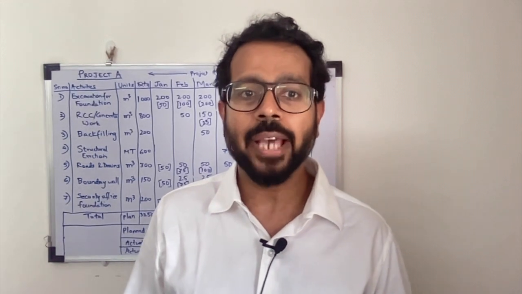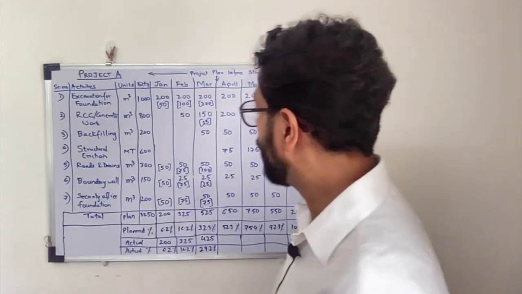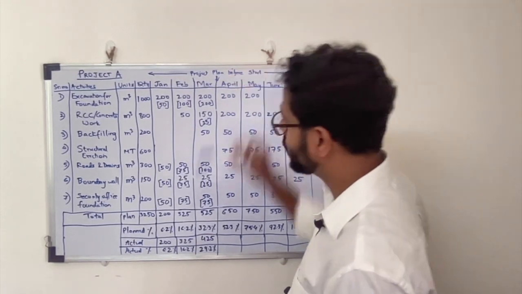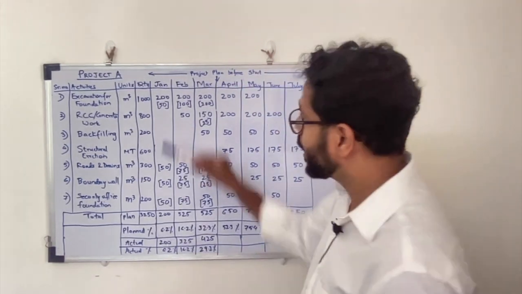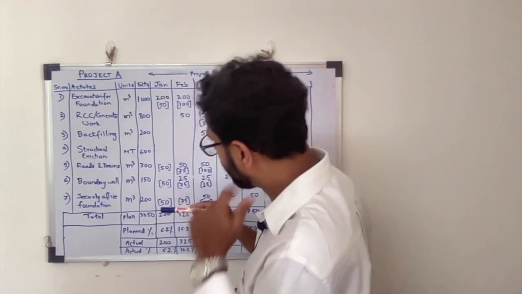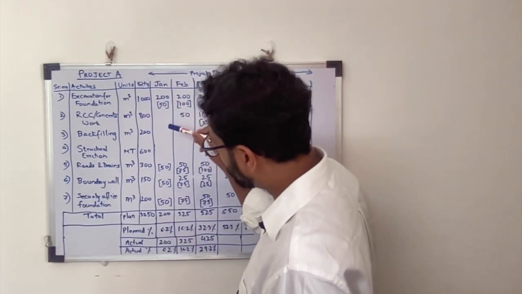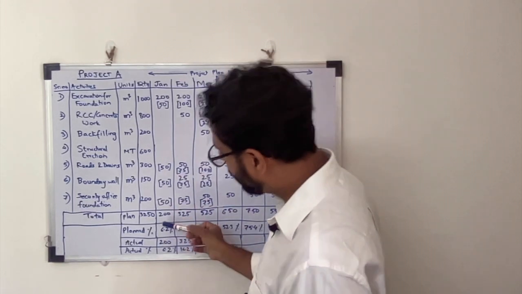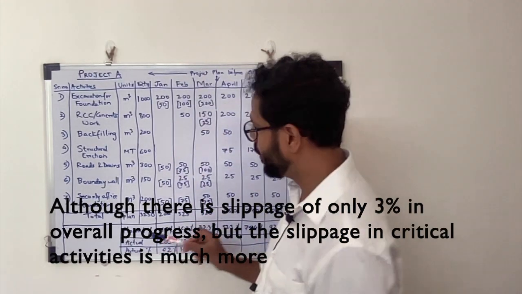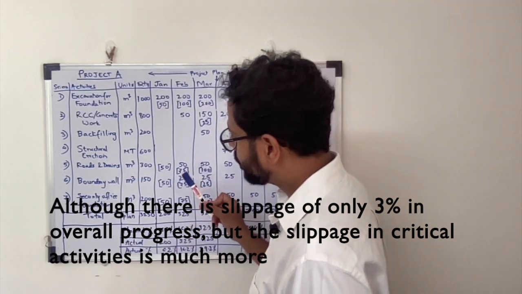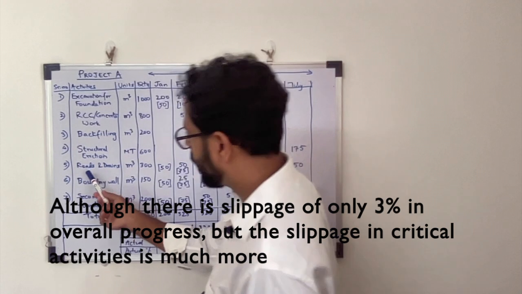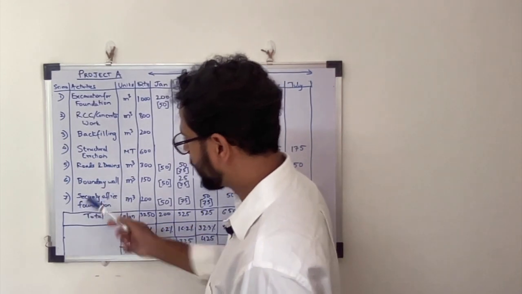If you observe carefully, you will notice that the problem which we have now discovered at the end of March started in January itself. Have a look over here. The contractor has smartly delivered 200 units against the plan of 200 by performing in areas which were not on the critical path, for example roads and drains, boundary wall, security office.